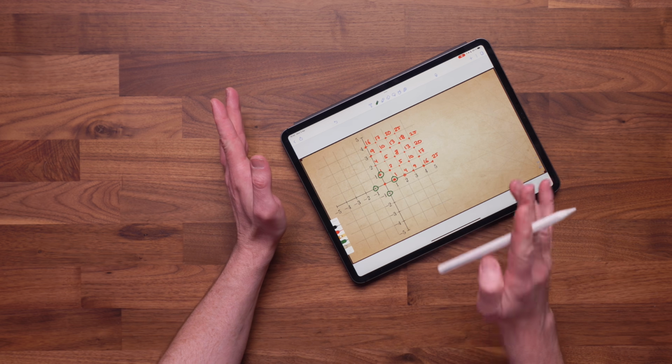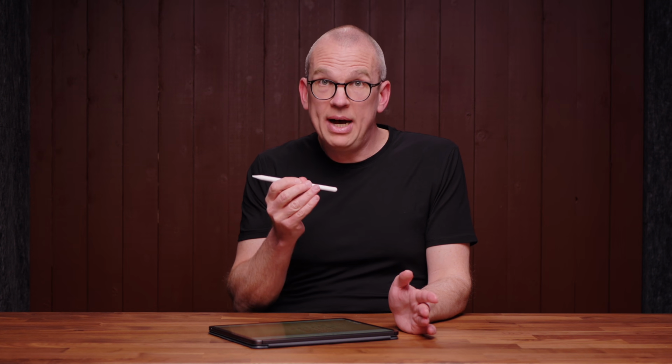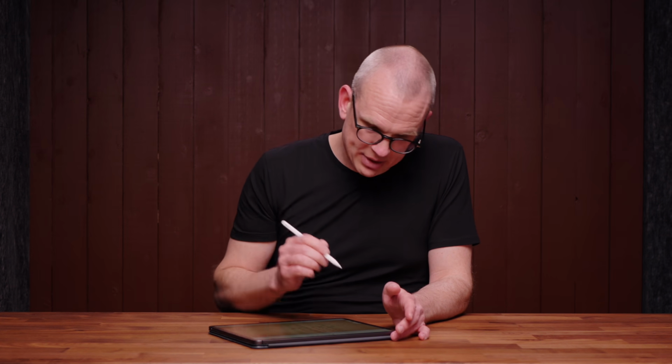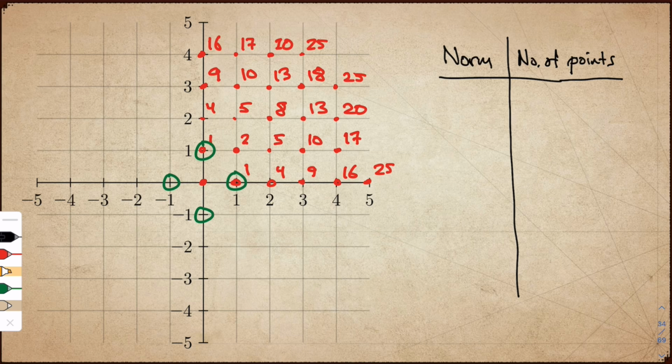And this rule comes from the fact that multiplying by i is the same thing as rotation by 90 degrees. So for norm 1, there is 1 point. For norm 2, there is also 1 point. For norm 3, there are no points. For norm 4, there are 2 points in the picture, but they count as the same.